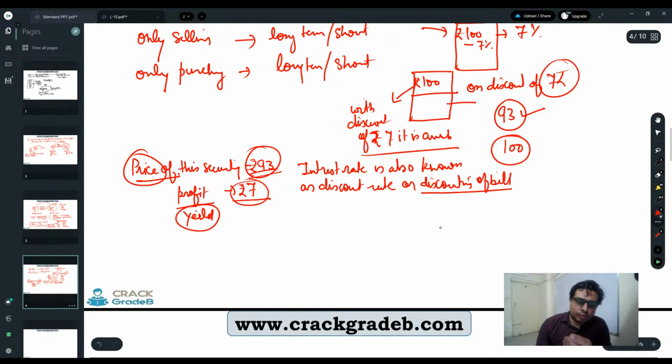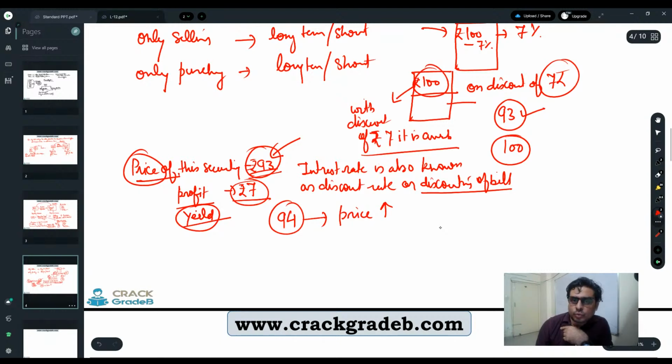When RBI is offering at 93, then yield is 7. Suppose that RBI has increased the price from 93 to 94. Means price increased. What is the actual value? 100, but now RBI is offering only at a price of 94.